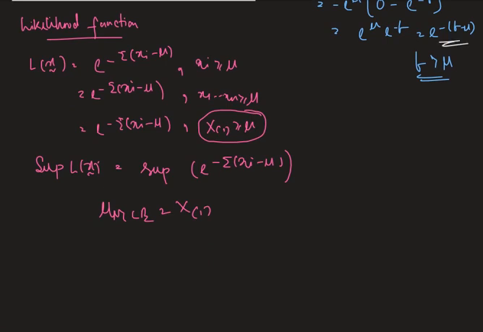Now the function e^(-(t - mu)) is a one-to-one function of mu.